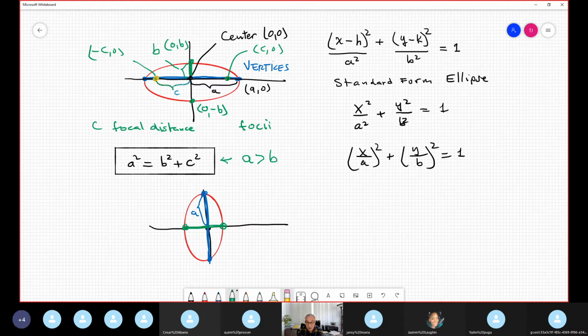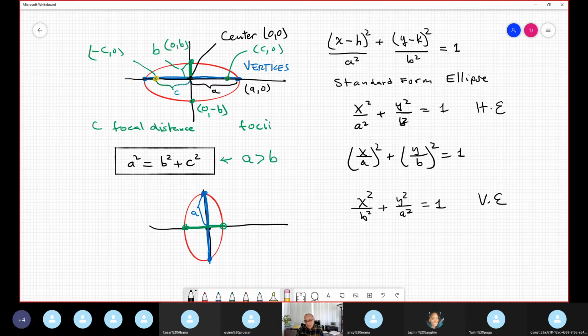Now, when a is associated with x, like in this case, I suppose that this is a horizontal ellipse. However, we have this possibility, x squared over b squared plus y squared over a squared equals 1. And it's a vertical ellipse.